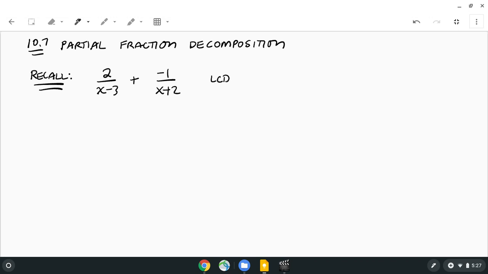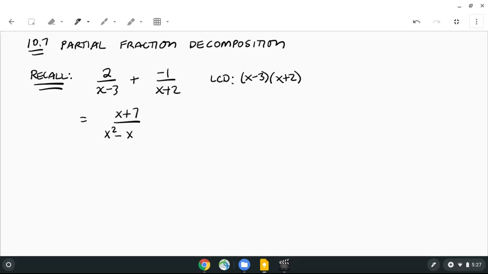The LCD here is (x minus 3)(x plus 2). Then you would multiply the first fraction by x plus 2 over x plus 2, and the other one by x minus 3 over x minus 3. And then when you add these, you would get x plus 7 all over x squared minus x minus 6. Okay, so that's what we had learned before.